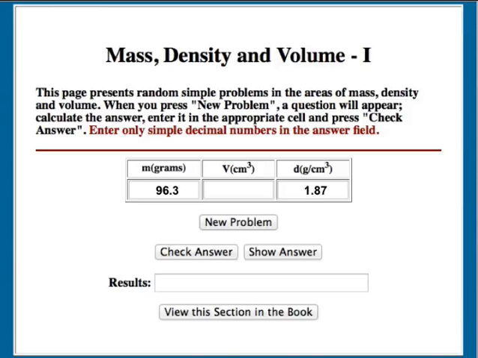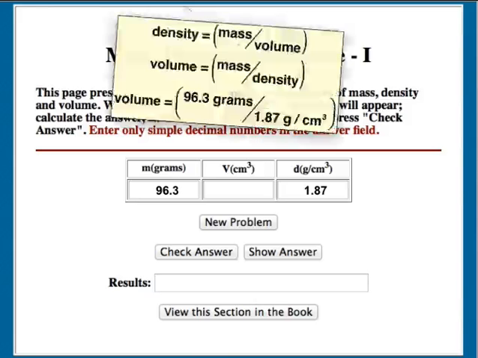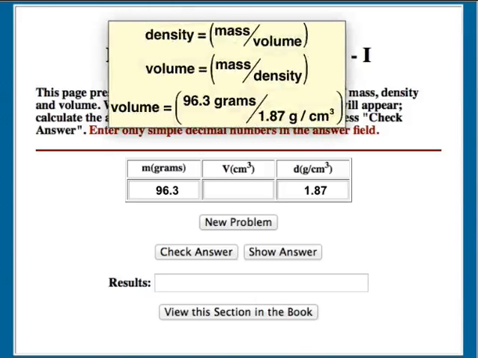We're going to take our equation, density is mass divided by volume. We're going to rearrange it so we're solving for volume. Volume is going to be mass divided by our density. Simply plug in the two values. Our calculation should be about 51.5.